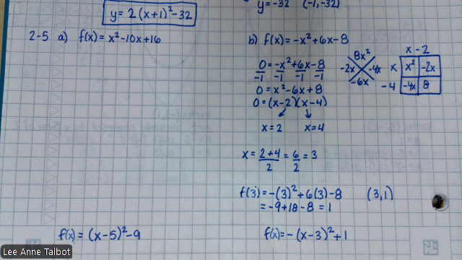This is 1. Does that make sense? Yeah? Okay. And then where does this come from? Yeah, the a values. You have to go back and be like, oh, in this one, a was negative 1 because there was a negative 1 in front of the x squared. We don't write the 1 part, but we write the negative part.